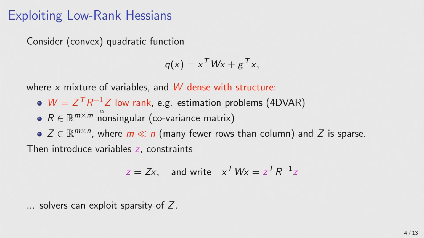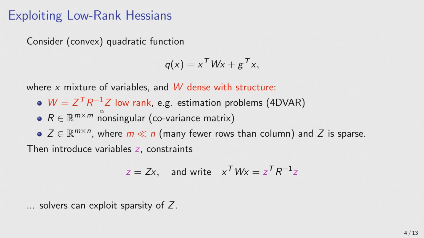And in these problems, what you often see is there's often a low rank Hessian matrix. So here we have at the top, there's a quadratic function, q of x, that could, for example, be your objective function. And the Hessian matrix W has the special structure where W is made up of this product of Z transposed R inverse Z.